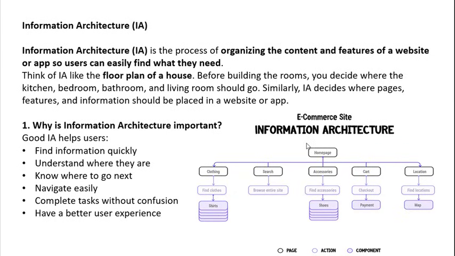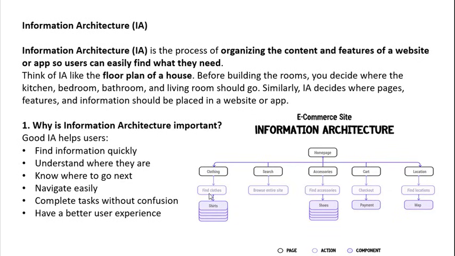This image shows an e-commerce site, and the information architecture gives, first, a home page, and inside it subtopics like clothing, search, accessories, cart and location.